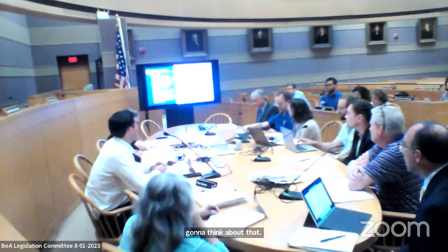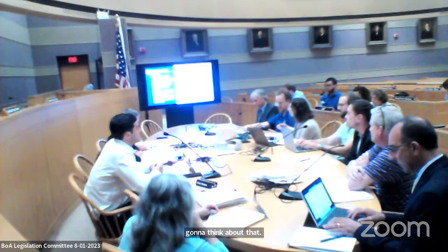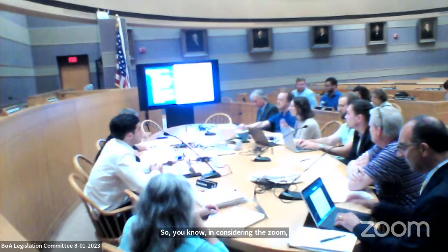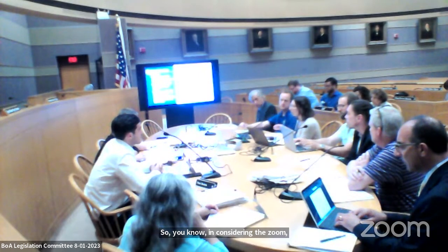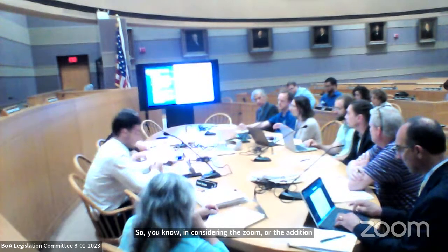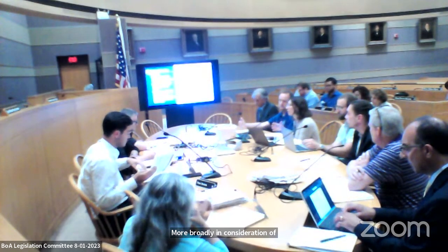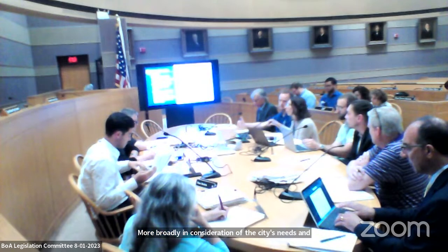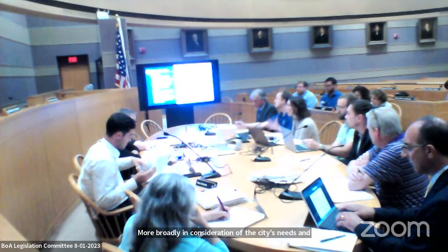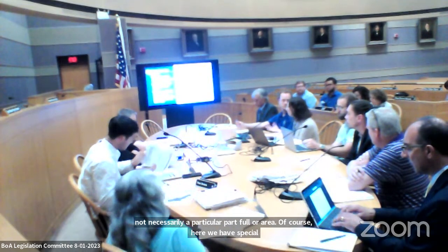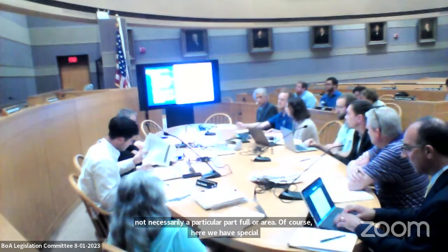In considering a text amendment or the addition of a zone change, that is something we typically do more broadly in consideration of the city's needs and not necessarily a particular parcel or area. Of course, here we have special provisions which require special criteria for those parcels in the special flood hazard area.